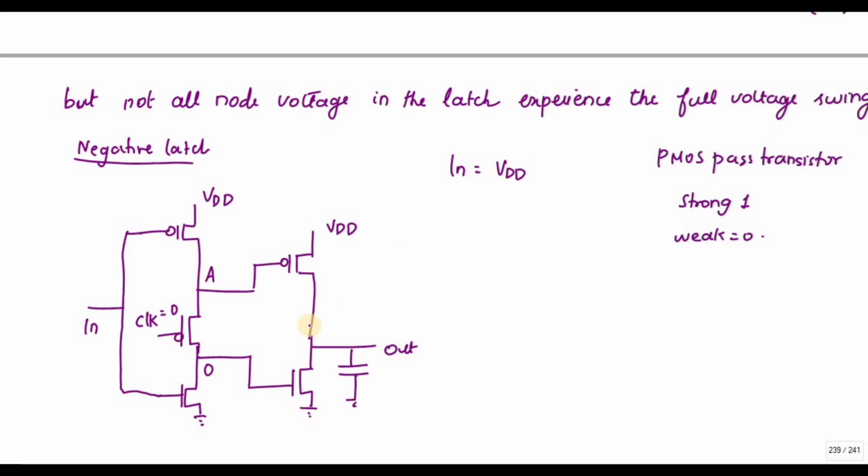Since the input of this one is 0, the A will go to minus VTP. So you can see instead of going to 0, it will go to minus VTP. So it will lack a full voltage swing.